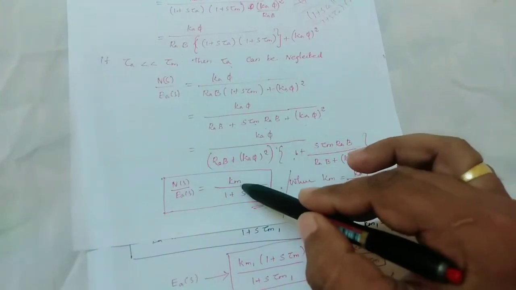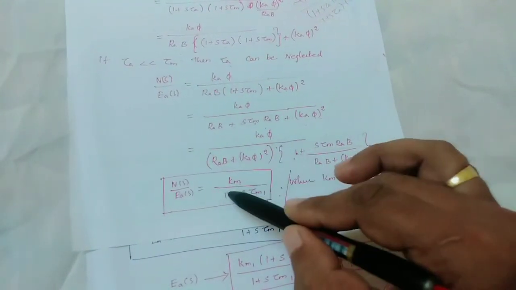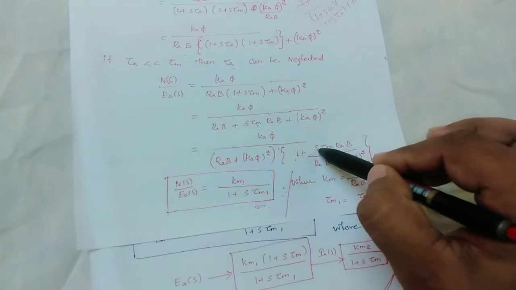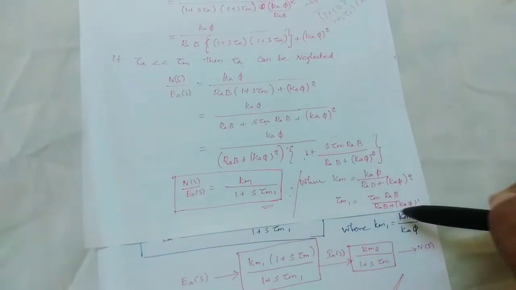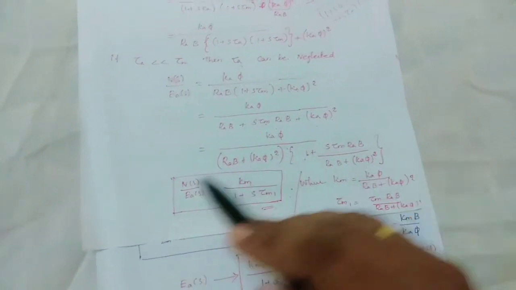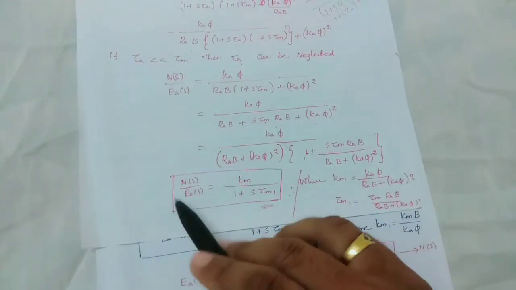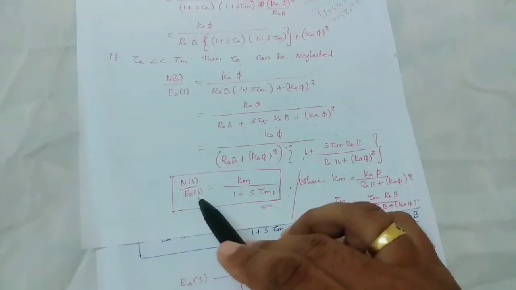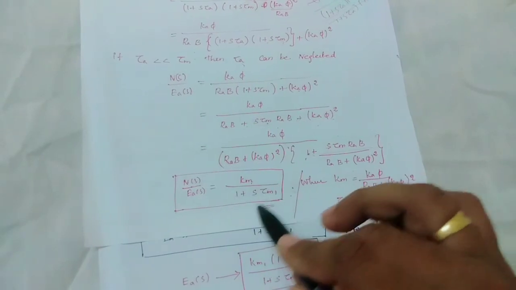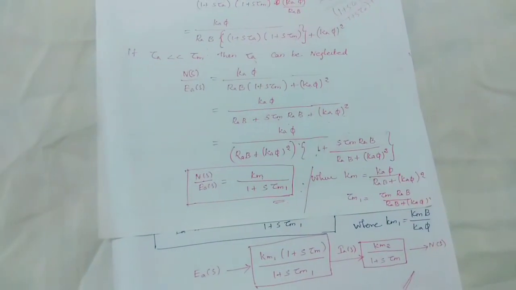So substituting Km, and 1 plus s into the remaining term as tau m1, the transfer function of that entire equation, n of s divided by Ea of s, is equal to Km divided by 1 plus s into tau m1.